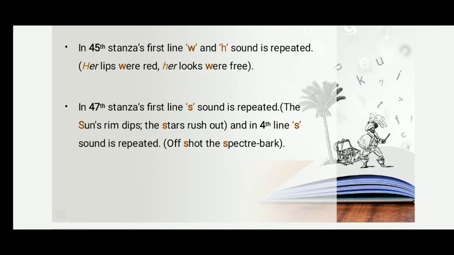Number 9, in the 45th stanza, first line, the W and H sounds are repeated: her lips were red, her looks were free. Number 10, in the 47th stanza, first line, the S sound is repeated: the sun's rim dips, the stars rush out. And in the fourth line, the S sound is repeated: off shore the spirit's bar.